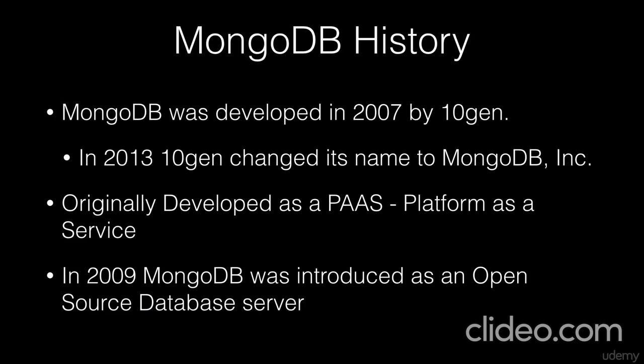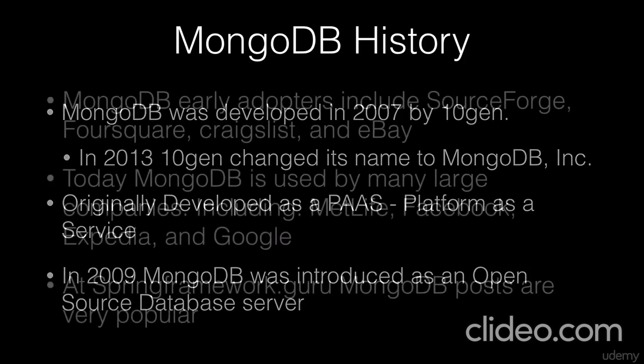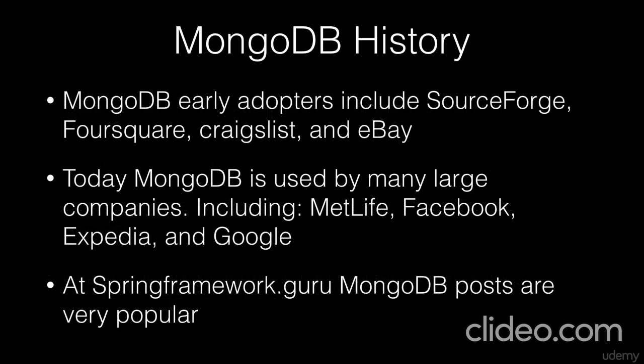In 2013, 10gen changed their name to MongoDB, Inc. So they originally developed Mongo as a PaaS application, so platform as a service. And then they took it to open source in 2009, and I think they found a lot more success with that business model.